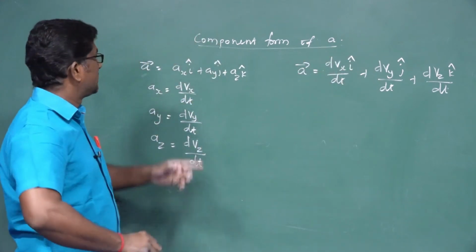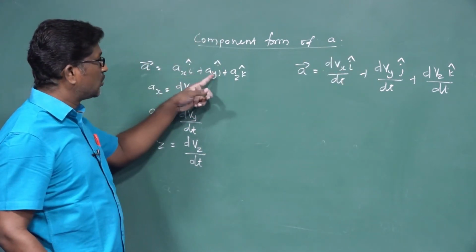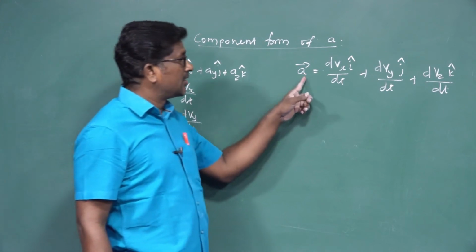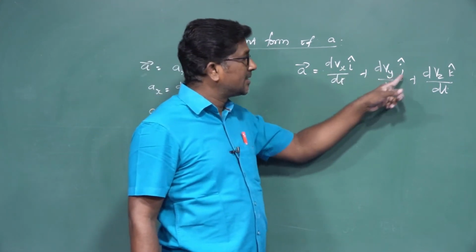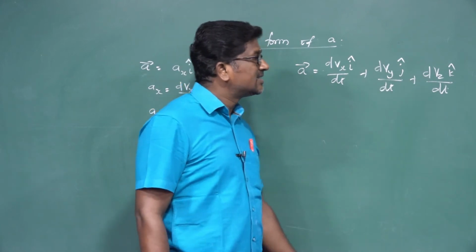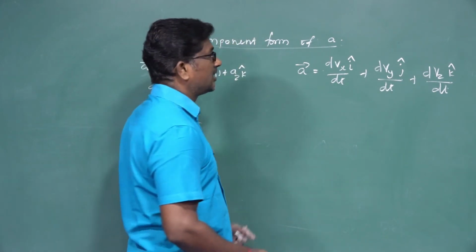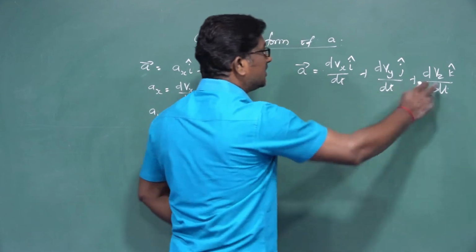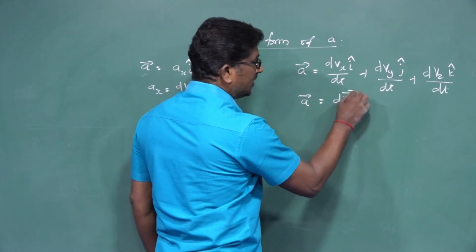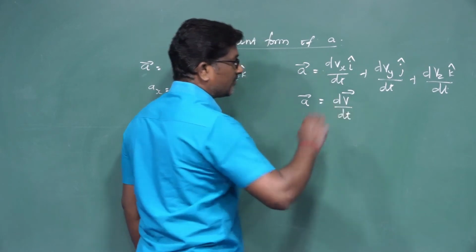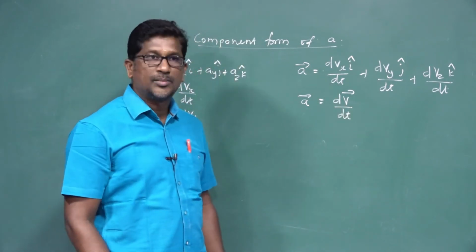Combining all these three terms, we can get a vector is equal to dv vector divided by dt.